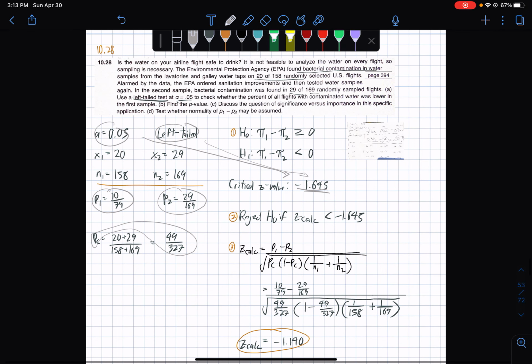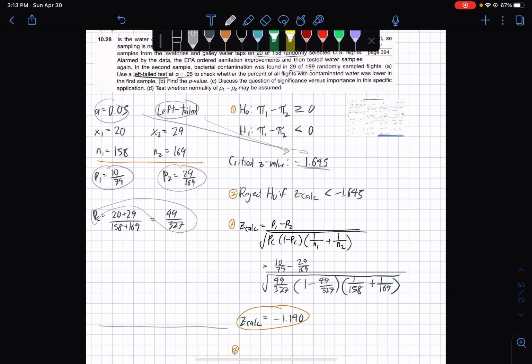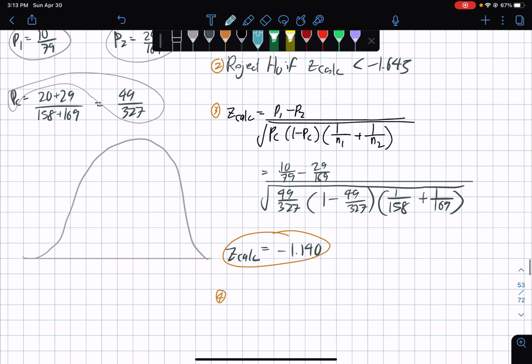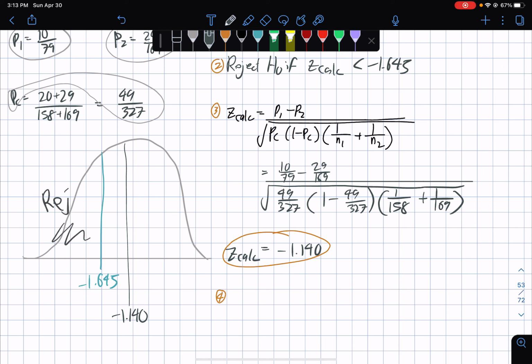Okay, what is our ruling? This is a left tail test, so I think it's over here, the negative 1.645, the critical z value, and the z calc is somewhere here, negative 1.140. In a left tail test, this region is reject, and this region is do not reject.